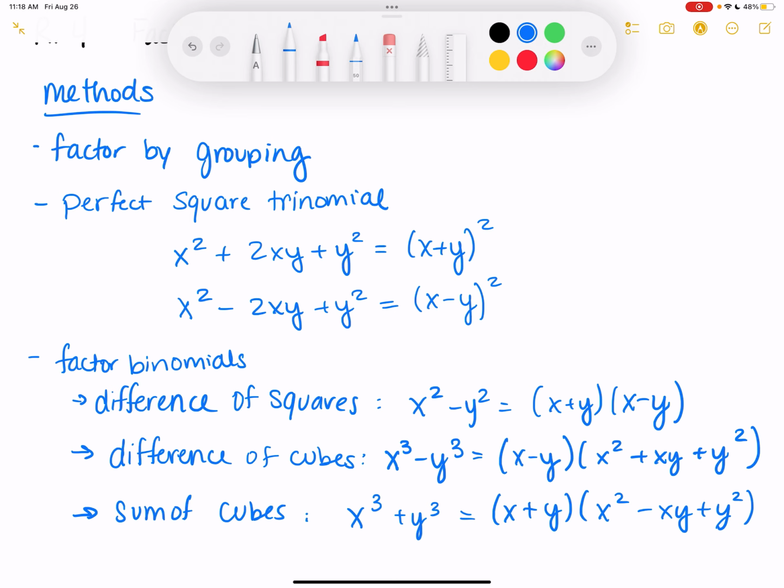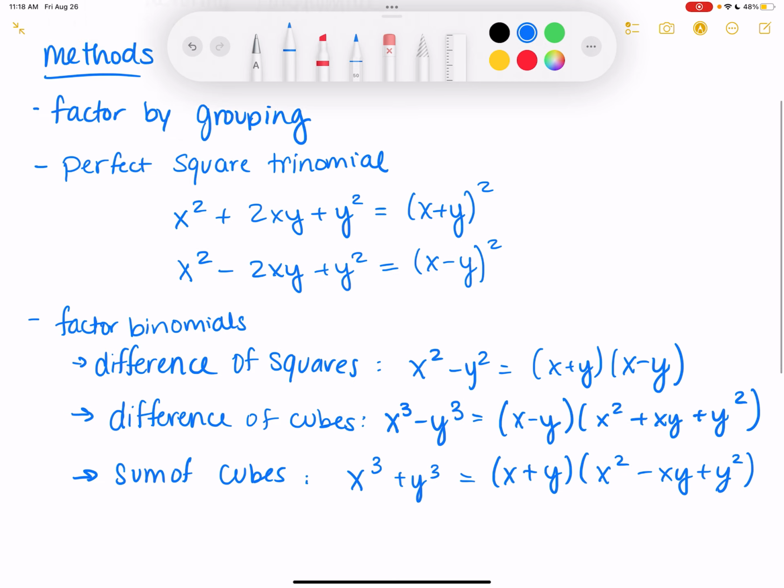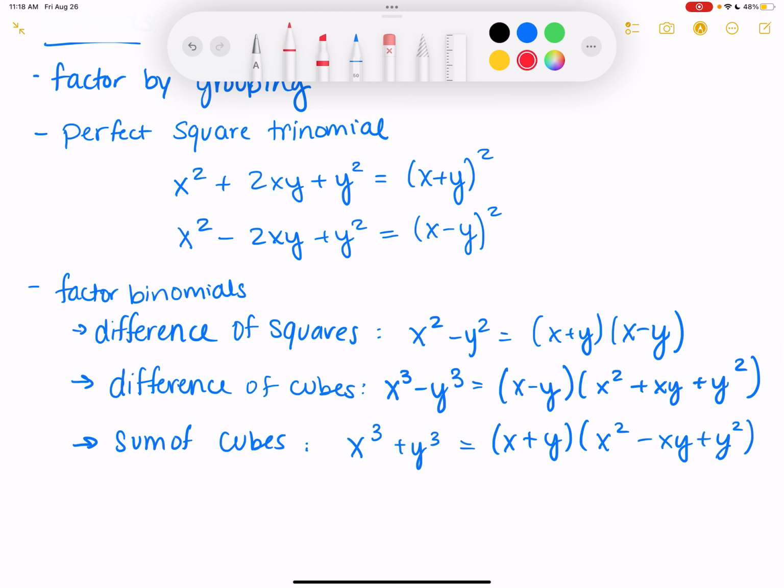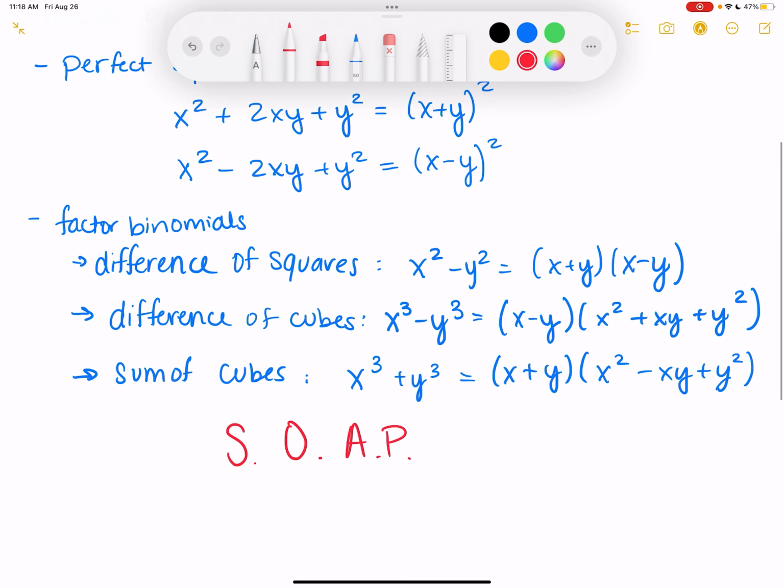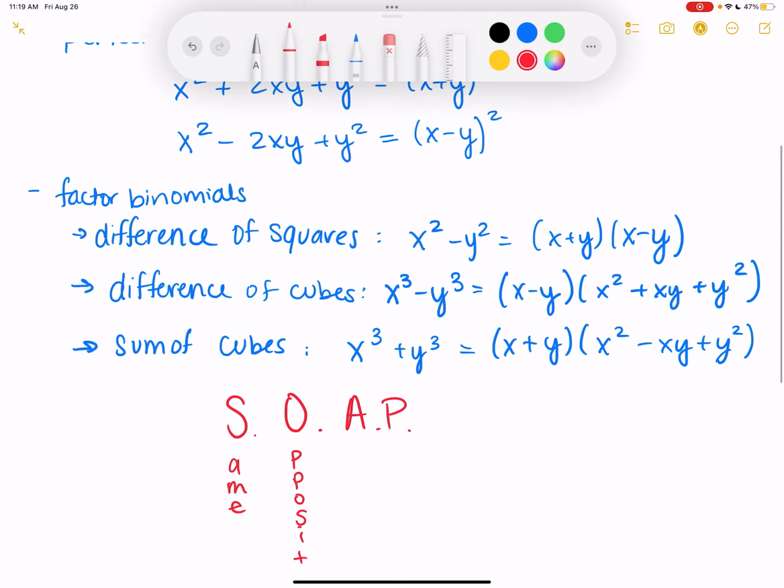And so a trick for remembering the sum and difference of cubes that someone taught me one time a couple years ago is SOAP. And this stands for same, opposite, always positive.